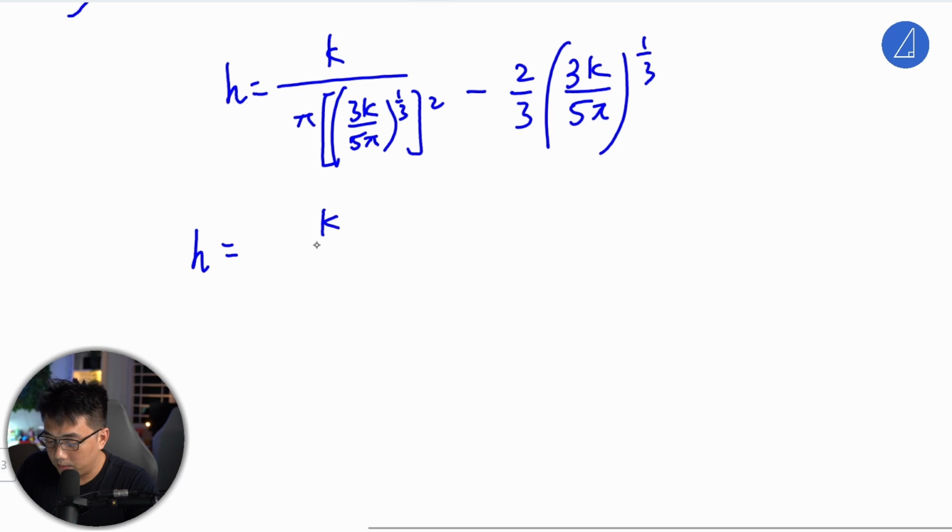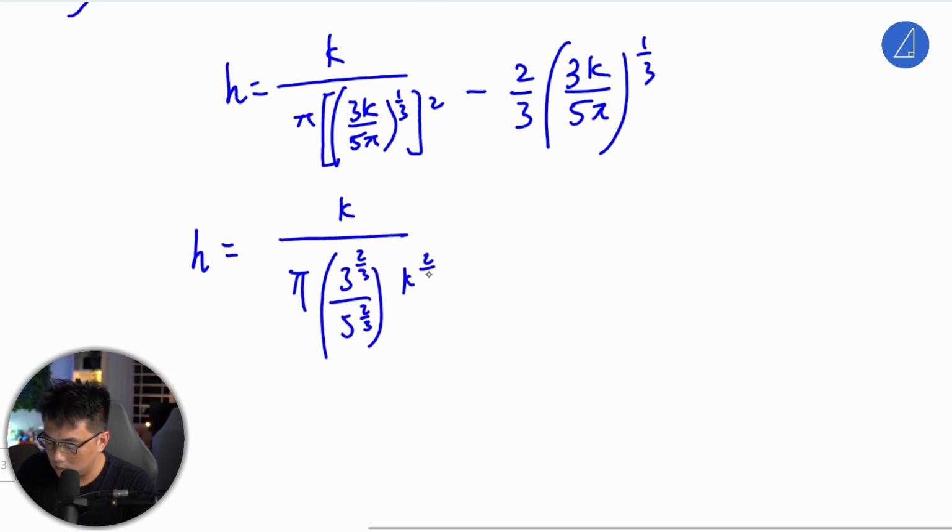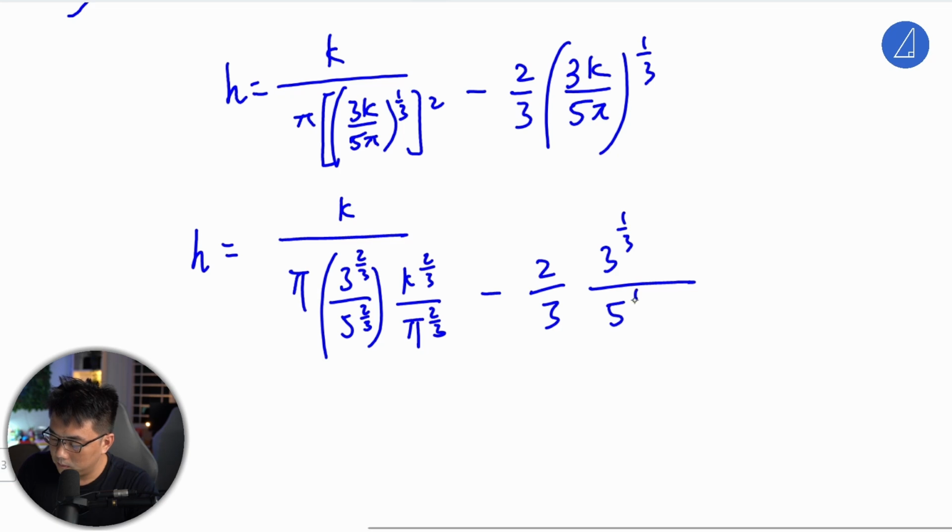So k to the 1/3, pi to the 1/3, 3 to the 1/3, 5 to the 1/3, and this gives me 2/3, because it's 2/3, right? Then this over here, similarly, I'm going to get 1/3, k to the 1/3, pi to the 1/3.